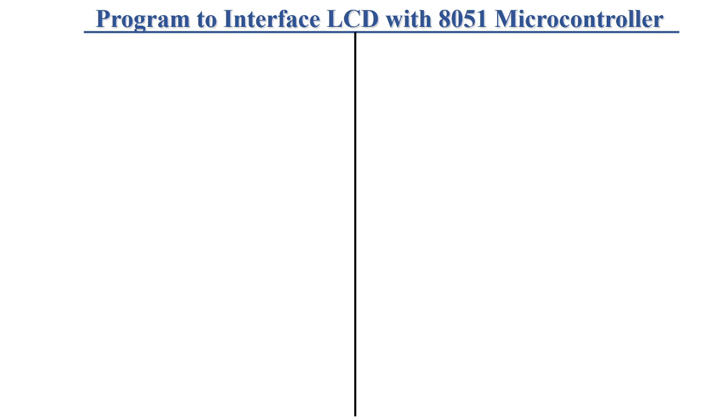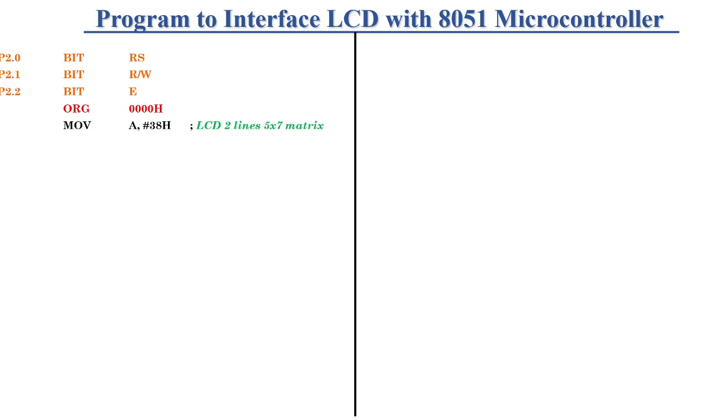So here is the program to interface the LCD with the 8051 microcontroller. Here we have defined pin P2.0 as RS, P2.1 as the read/write pin, and P2.2 as the enable pin, and here is the main program. The first instruction is MOV A, #38H. 38H is the command hex value that is used to select 2 lines and 5x7 matrix LCD.